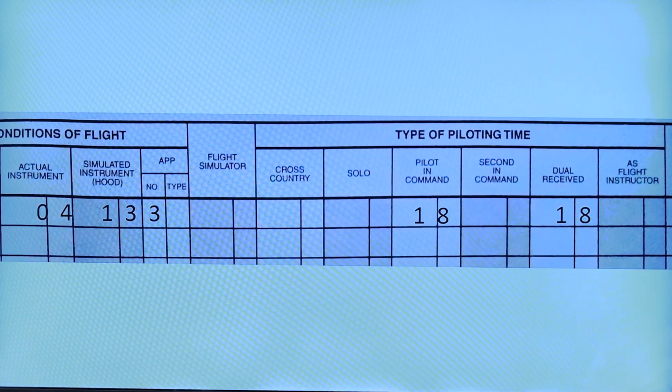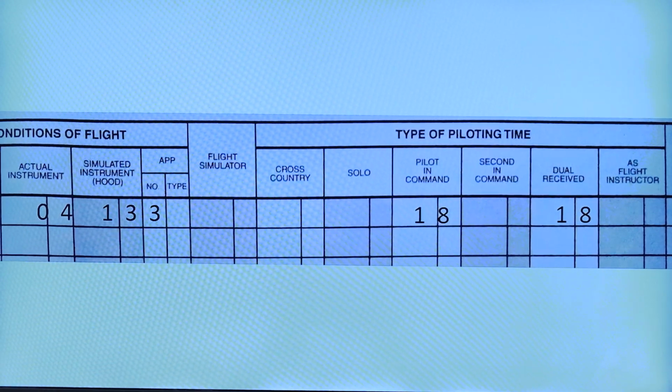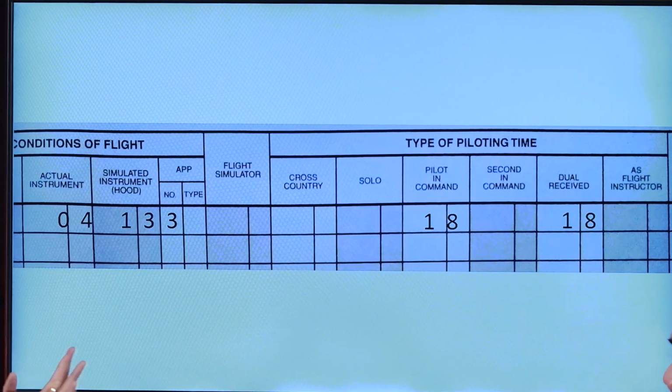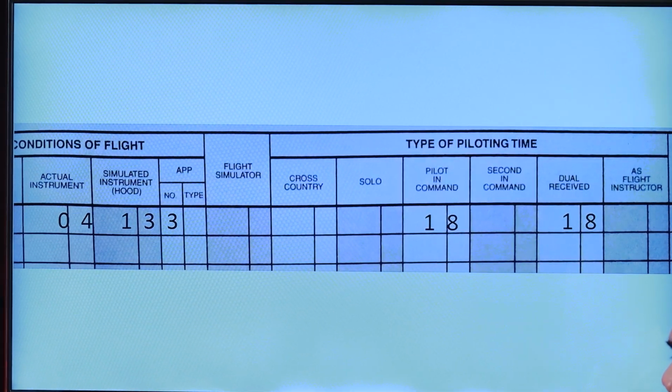And the interesting part is, we already wrote down pilot in command as 1.8, dual received as 1.8. Interesting thing that we can see is that 0.4 plus 1.3 does not equal 1.8. Correct. You have 0.1, which is 6 minutes, right? Yes. Maybe 6 minutes is a little bit short, but the normal visual time that pilots get subtracted is usually like 0.3. Yeah, 0.4.